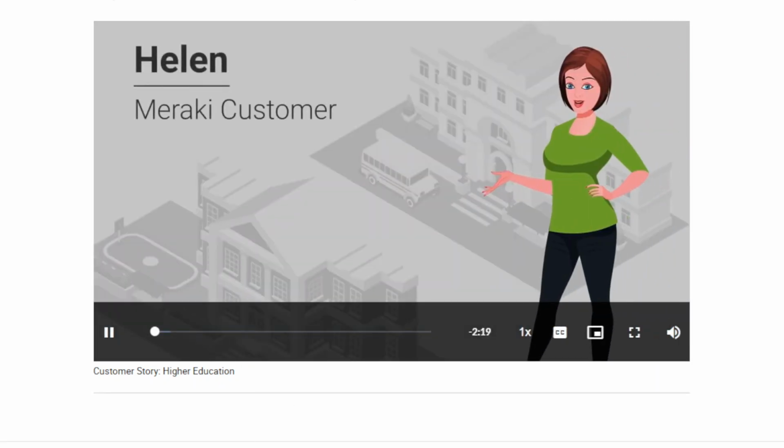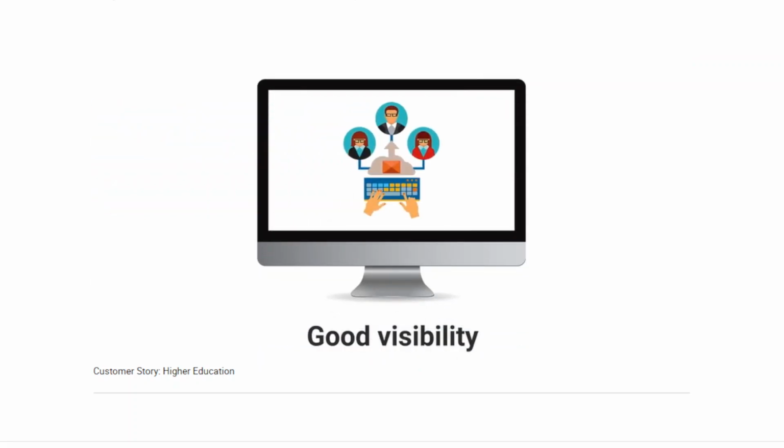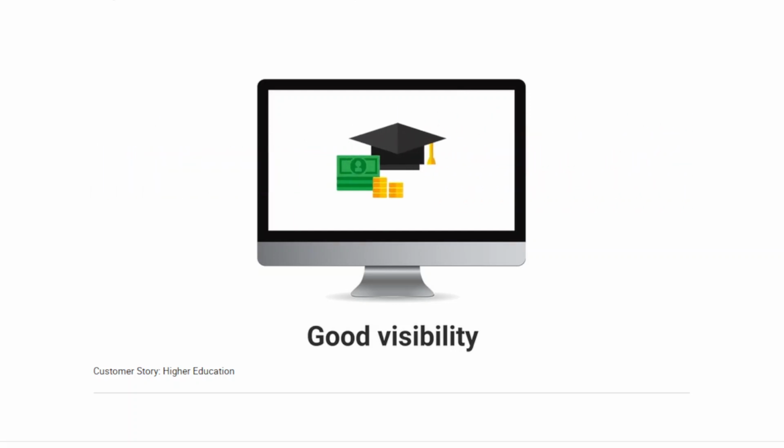Helen works for a higher education full stack Meraki customer, and she's already using Meraki for their critical network infrastructure. They have decent visibility into the digital world. They have good visibility into college-wide email because they host their own server. Same with faculty payroll and student financial information as well because they do provide financial aid.